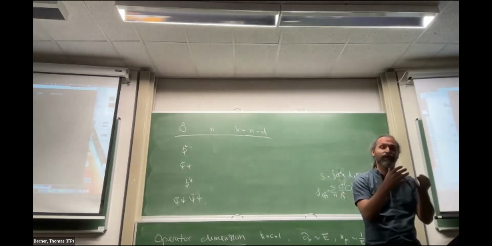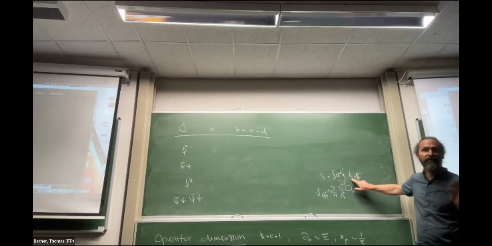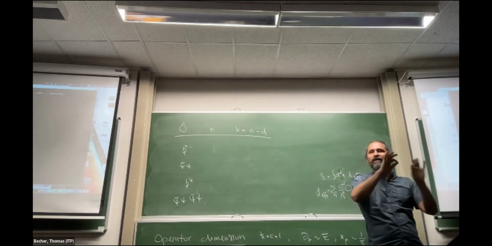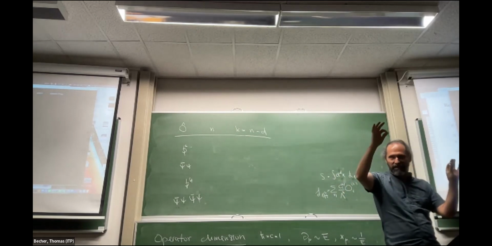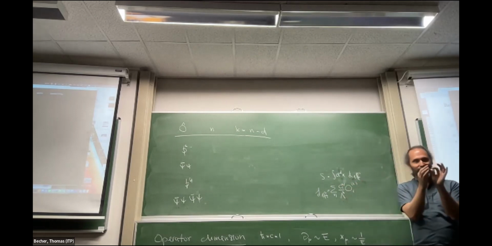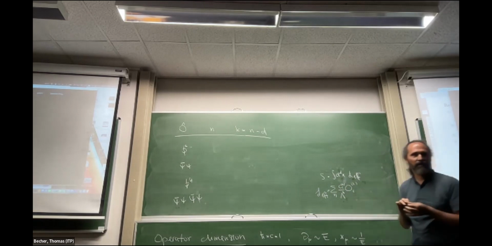So it should be local. And in a local theory, this action here only involves fields at one point, not fields that are very far apart. Of course, doing this integrating out, you will end up with things which are not at the same point, but then expanding in 1 over lambda, you should get a long series of all these operators. So that's the idea.